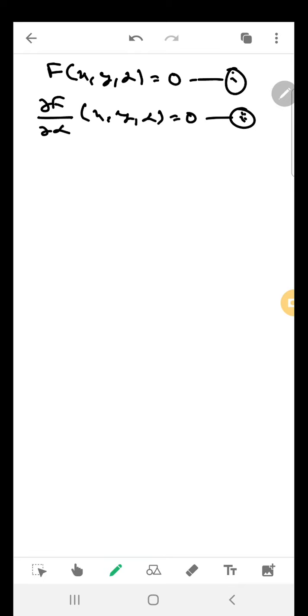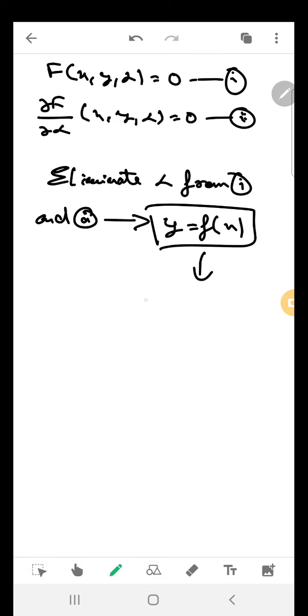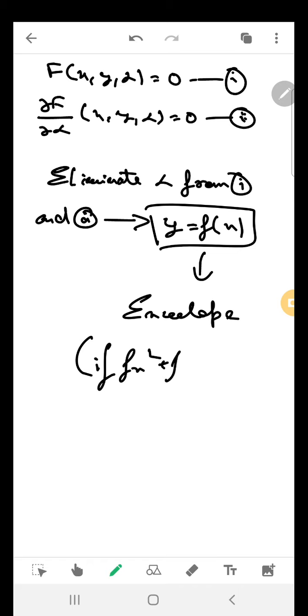This is equation 2. Now you need to eliminate alpha from 1 and 2, which will lead you to a relation between y and x, and this relation actually gives you the equation of the envelope if f_x square plus f_y square not equal to 0.